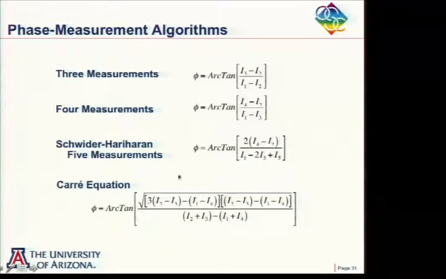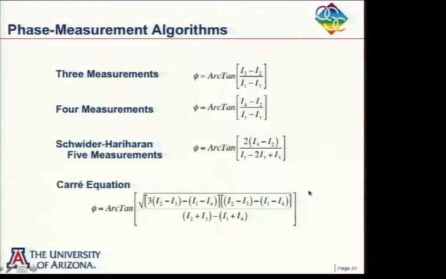Then we have this thing down here called the Carré equation. Now, the Carré equation is nice in that this works almost independent of what the phase shift is. It doesn't have to be 90 degrees.